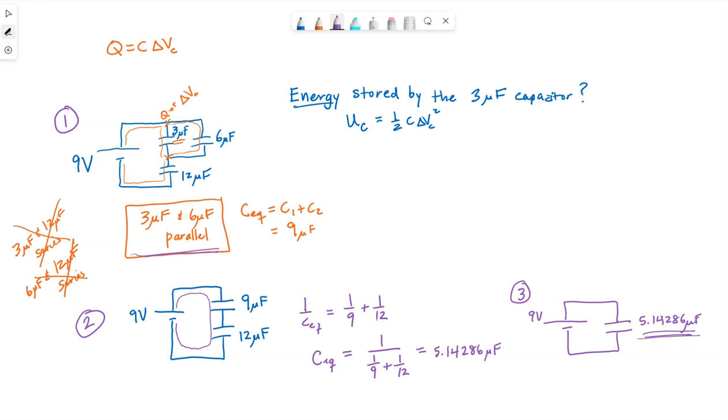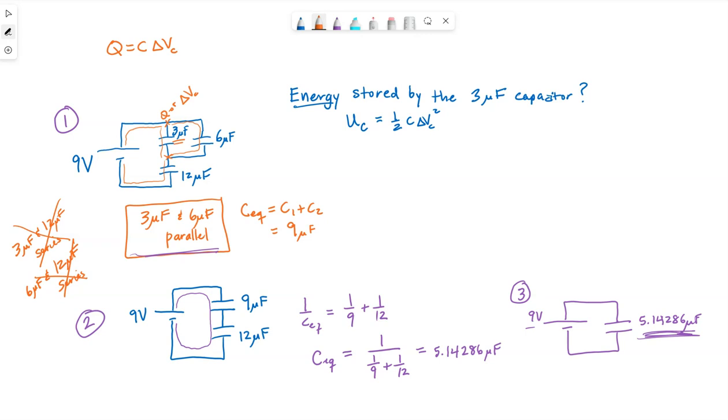But if I could buy this capacitor and it could withstand 9 volts, then I would have ended up with the same amount of energy with this one capacitor as I would have with the 3 that we started with. That's what we mean by equivalent.